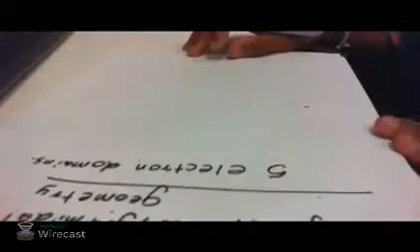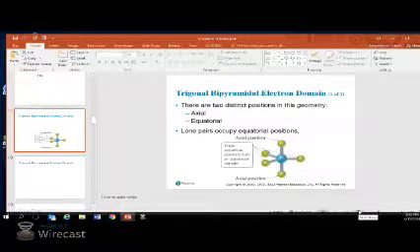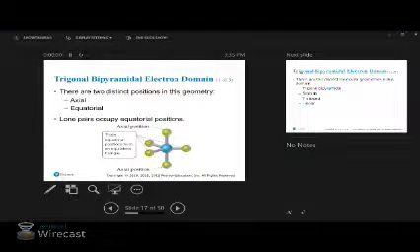Okay, five electron domains. Let me show you the PowerPoint. These three electron groups are in one plane, 1, 2, 3, and then up and down. The three electron groups in one plane we call equatorial bonds, and up and down are axial positions. So this is the five electron group position, trigonal bipyramidal.